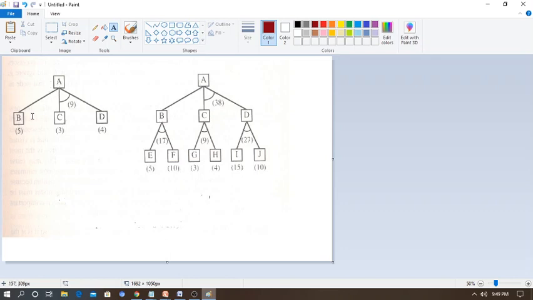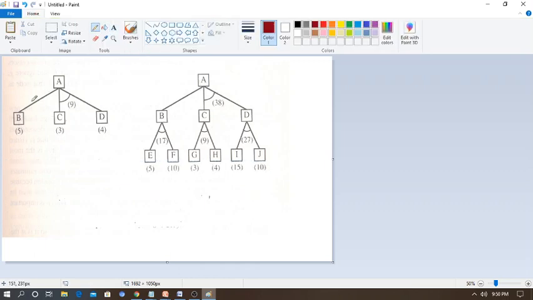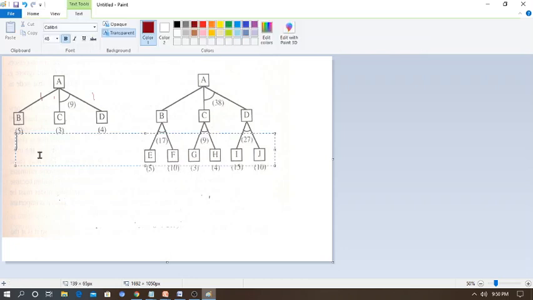Let's assume that the cost A to B is 1 by default, A to C is 1, and A to D is 1. If you follow the A star algorithm, you can easily find out 5 plus 1 is 6. That is one solution.